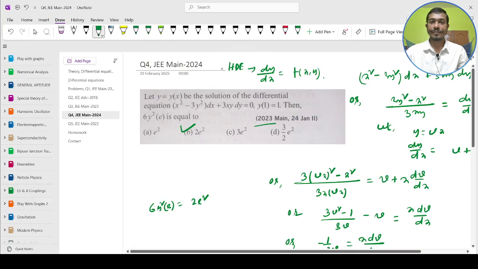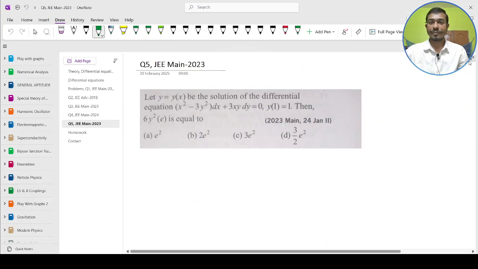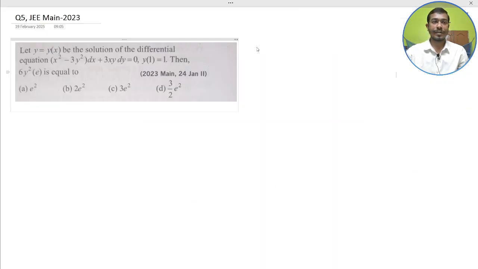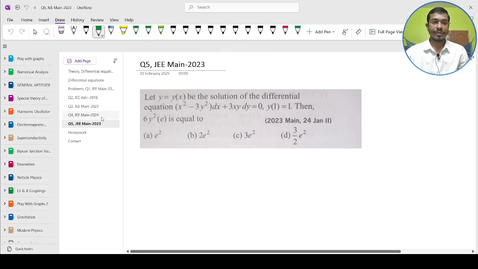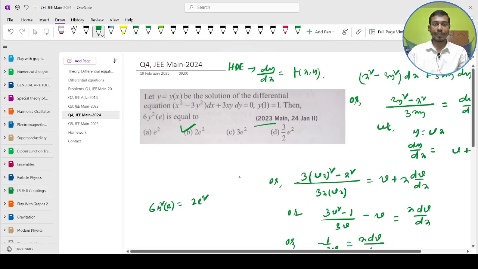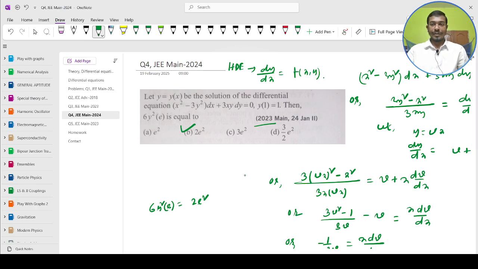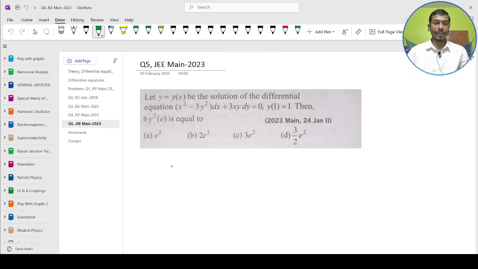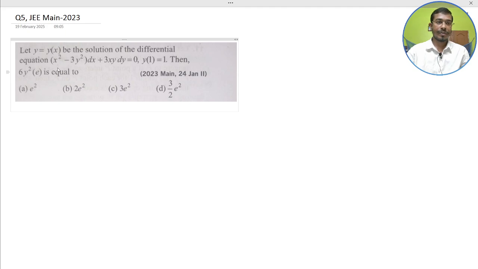Next problem. This type of problem, 6y square at e, and the problem number 5. Sorry, for my convenience we have chosen the same problem in question number 5.